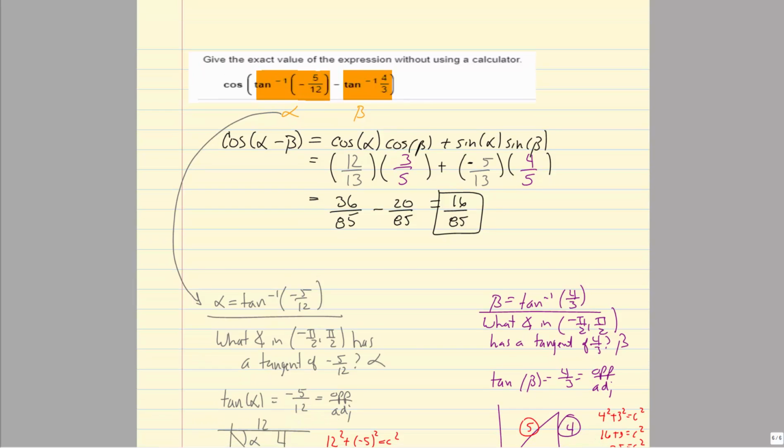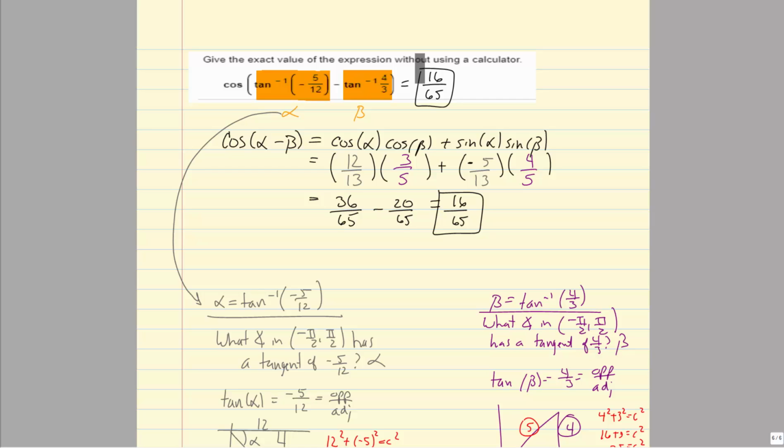I'm sorry, that's not 85, it's 65. The practice problem I was looking at had a 17 there. So it says 65. So this is equal to 16 over 65. Okay? So that's the cosine of the inverse tangent of minus the inverse tangent of.